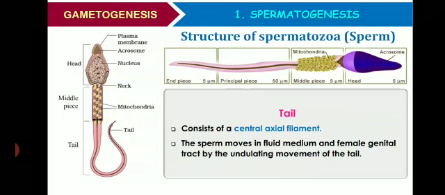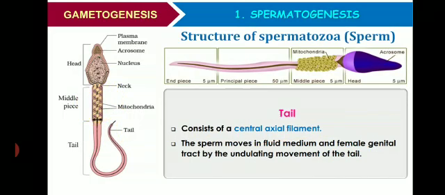The sperm moves in the fluid medium and female genital tract by undulating movement of the tail. Undulating means wavy movement. So the tail will beat in a wavy form. When fast movement is needed, a whiplash movement of the tail occurs. When it is moving normally, it moves in an undulating movement, as we call it, students.